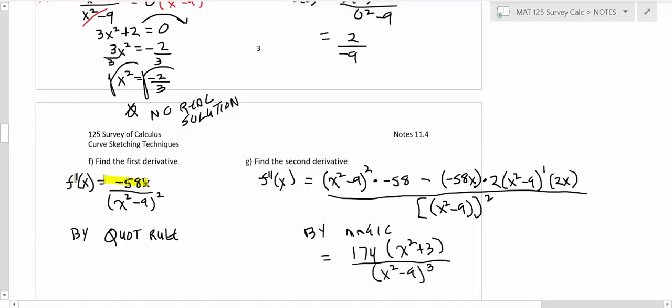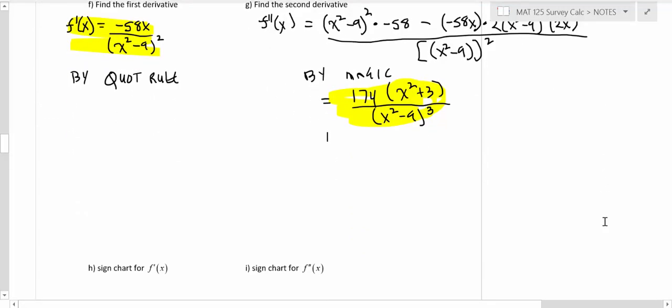I'm not going to take the time to do all the derivatives because the point is that you can do the sign charts. You have to work on that a little bit. Sometimes that second derivative can be complicated, but it's all algebra. So that's what you would get on your derivatives. Both of them are quotient rules.